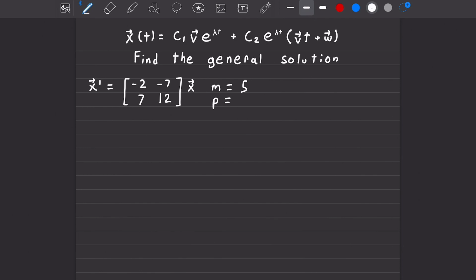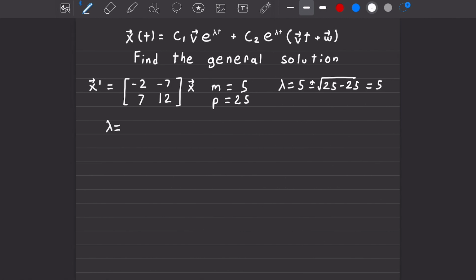And for p, we just take the determinant, which is negative 2 times 12, so negative 24, minus 49, which is negative 7 times 7. That all ends up being 25. So lambda is equal to m plus or minus the square root of m squared minus p, which is just equal to 5.